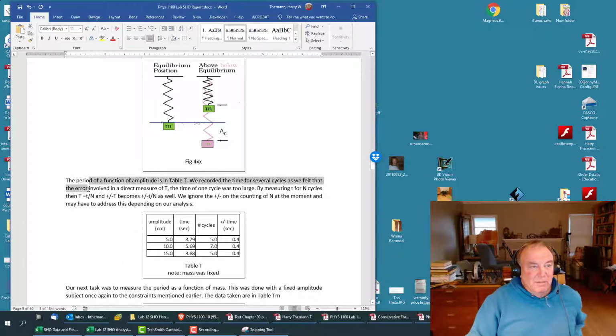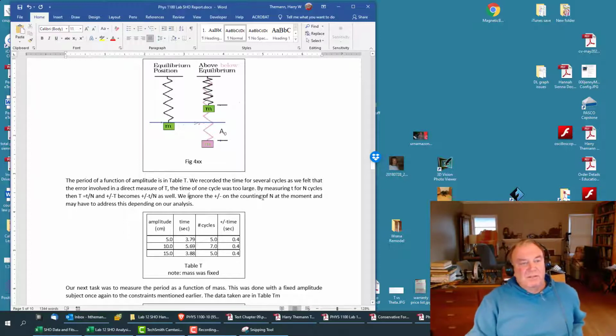And I explained about why we did it for a certain number of cycles. Of course, I didn't mention that we didn't go more than 5 or 6 or 7 cycles, because if it did depend on amplitude, we wouldn't be able to tell if we counted for too many cycles. That's up to you if you want to include that.